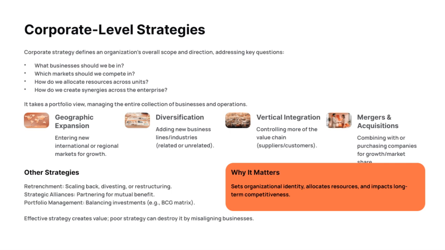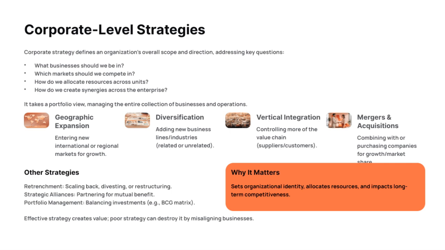Other strategies include acquiring or merging with other companies to boost growth or increase market share. Vertical integration involves controlling more of the supply chain, either from suppliers to customers, to improve efficiency or reduce costs. Diversification means adding new business lines or entering unrelated industries, spreading risk and opening new revenue streams. Geographic expansion involves entering new international or regional markets to tap into new growth opportunities.